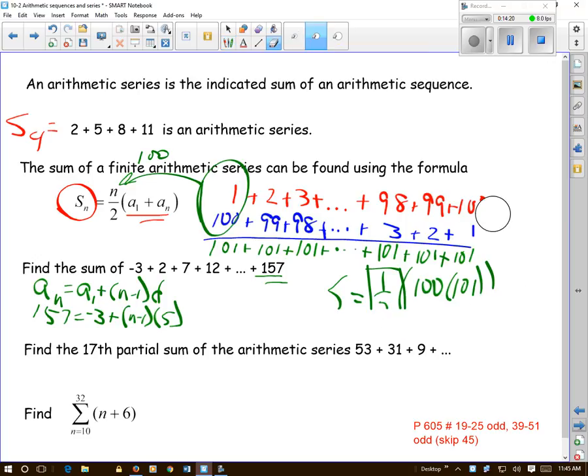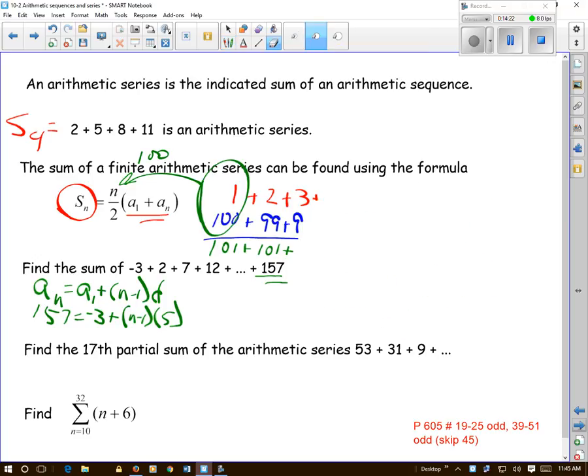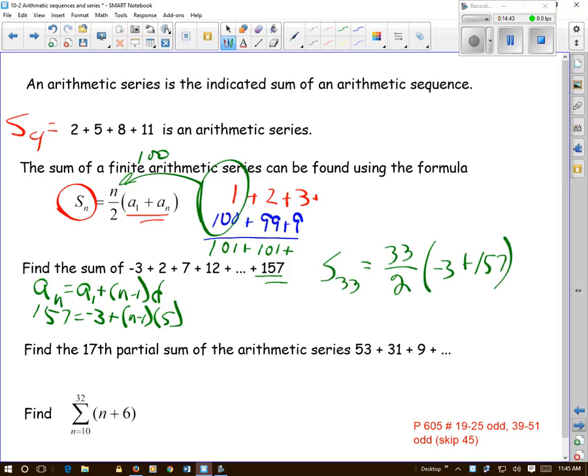So now we can go to our formula, S sub n, S sub 33 in this case, equals n over 2, 33 over 2, times a1, -3, plus an, 157, to find the sum of all those numbers.